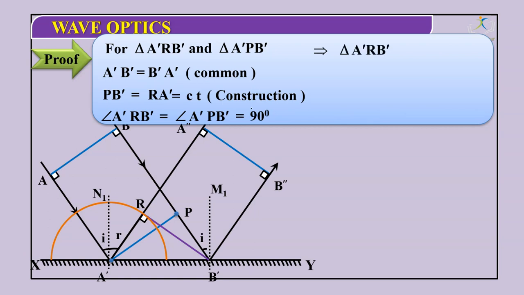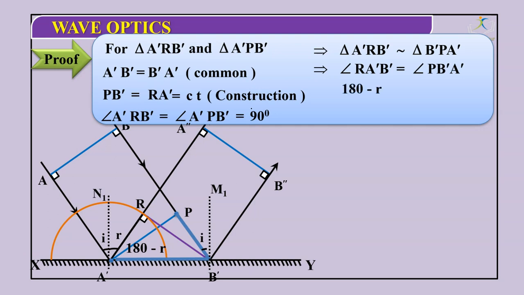Triangle A'RB' is similar to triangle B'PA' from these observations. So we can say angle RA'B' is equal to angle PB'A'.